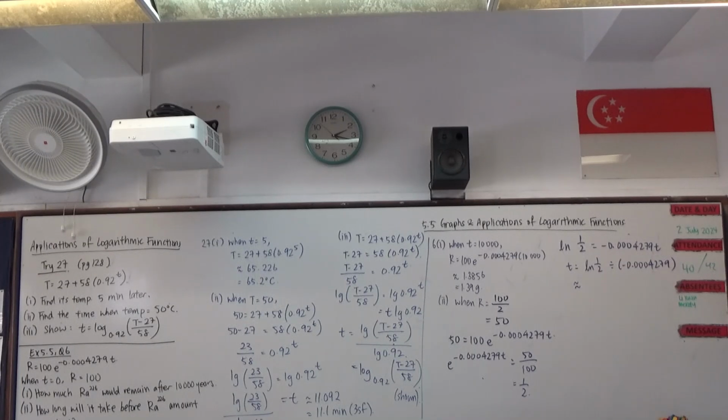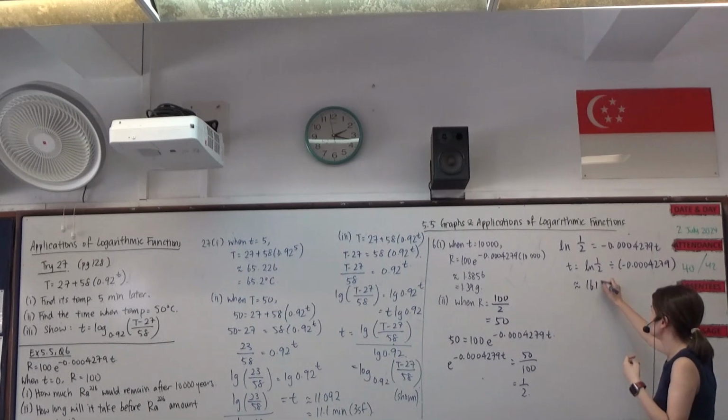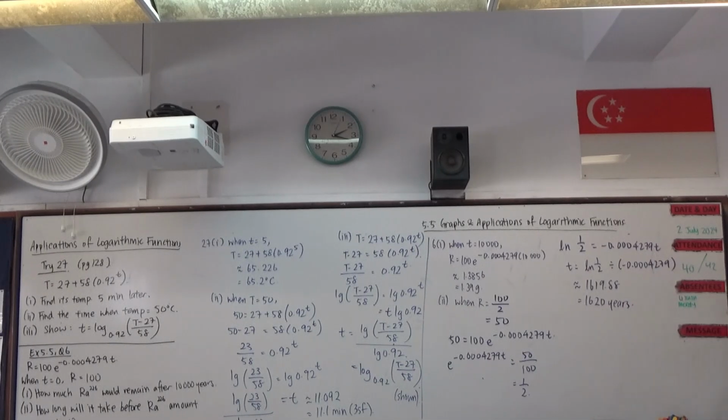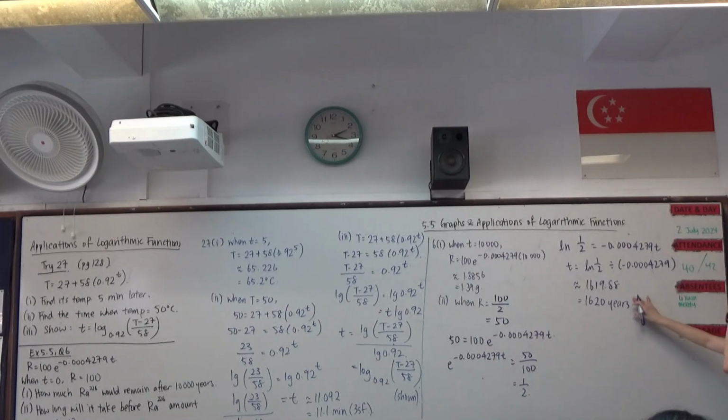So we get about 1619.88. The question is asking for t to be the number of years, but we are just rounding off to 3 as in this case.